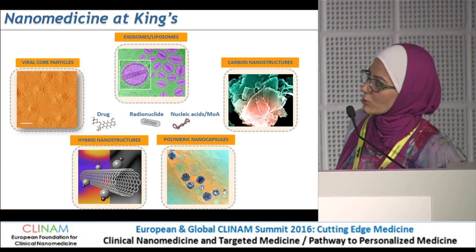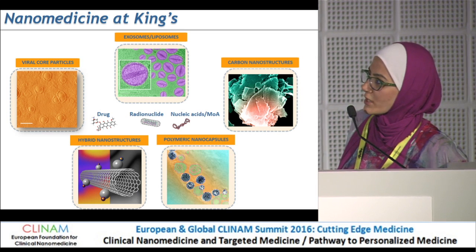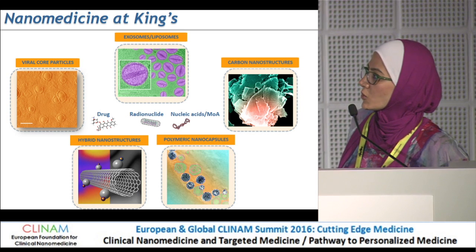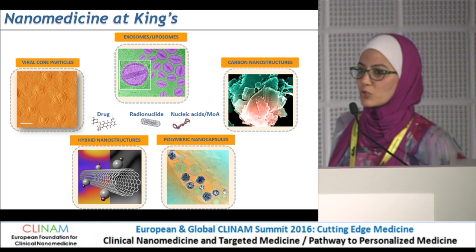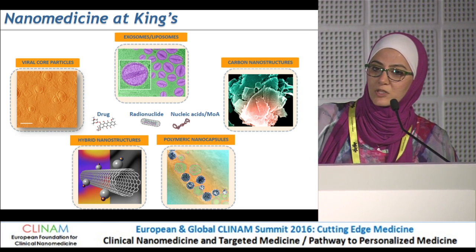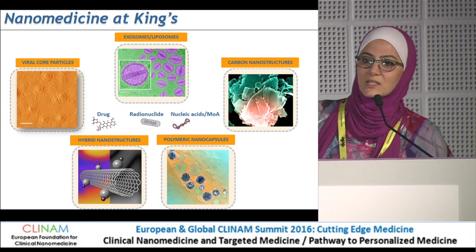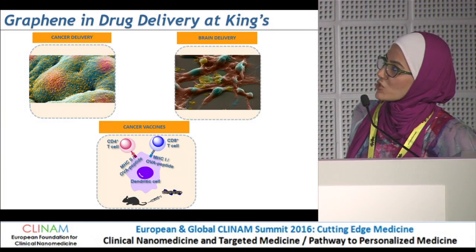It's a difficult question to choose from, so which one is the best? And the answer is really, it depends. You can think of where you want to deliver them, what properties you prefer, and which material gives you the better properties in vitro and in vivo. So what applications do we use them for?